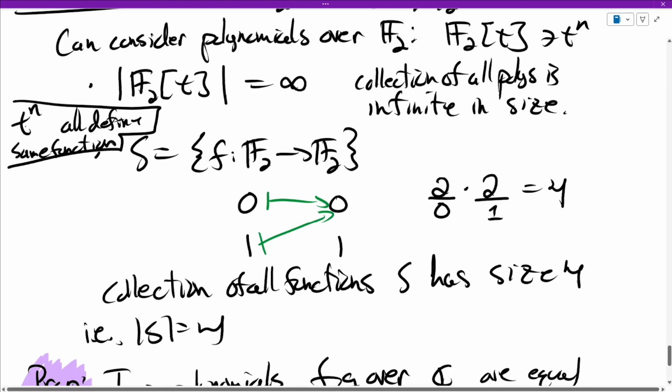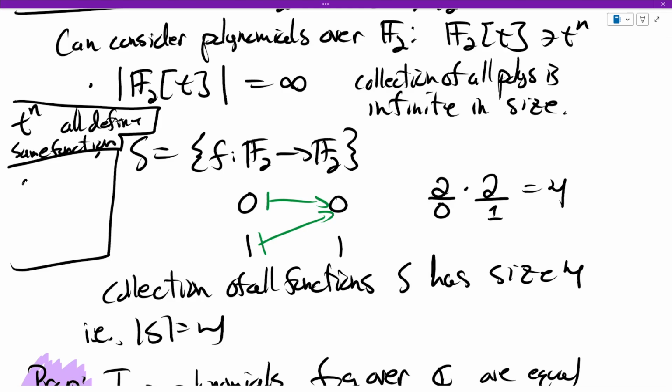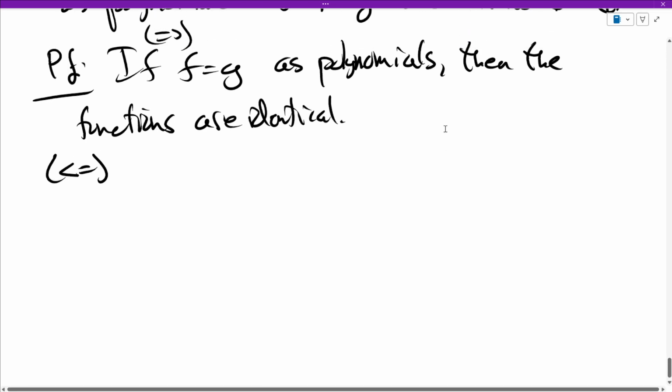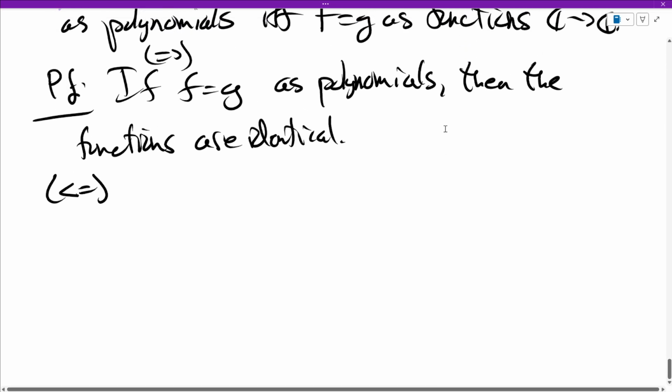Well, what happens when you raise 0 to the nth power? You get 0. What happens when you raise 1 to the nth power? You get 1. So they all define the function 0 goes to 0, 1 goes to 1, as long as n is bigger than 0, of course. But they're not equal. So this second part is going to take a little bit of work because it's not true outside of C.